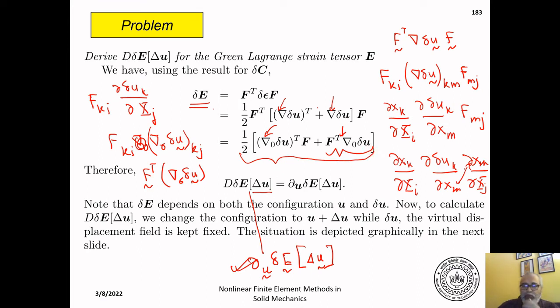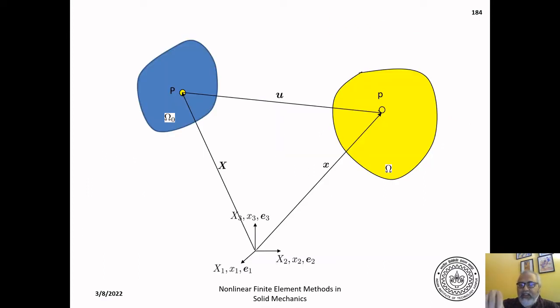But before doing that, let us understand that delta u and triangle of u, the increment in u and the first variation in u, actually do not affect each other. So one is not a function of the other. To see that, this is the best way I could think of showing it to you. This is the initial configuration omega 0, final configuration omega, and this point capital P is mapped onto small p, and we are taking a perturbation field.